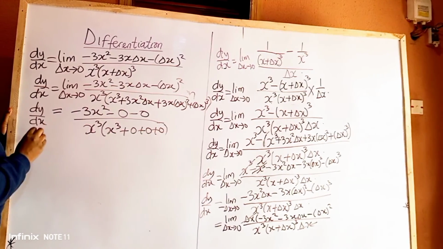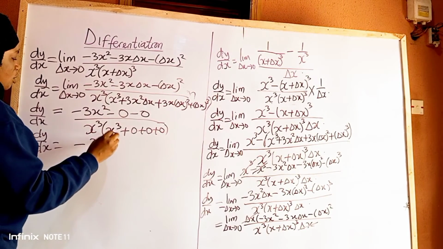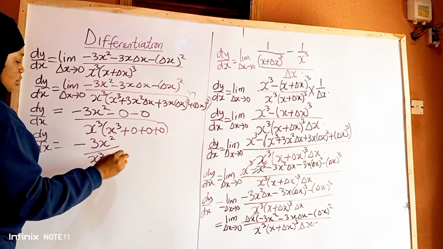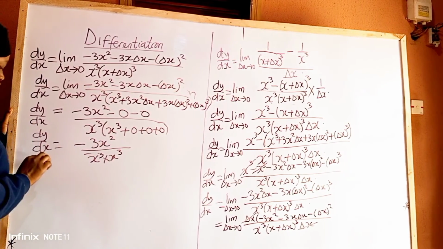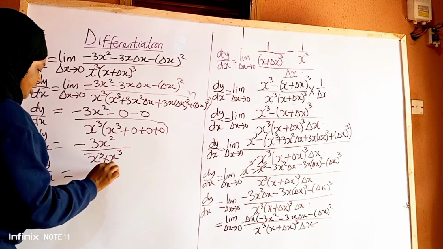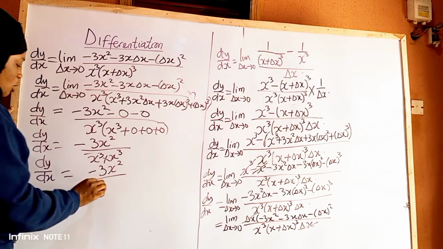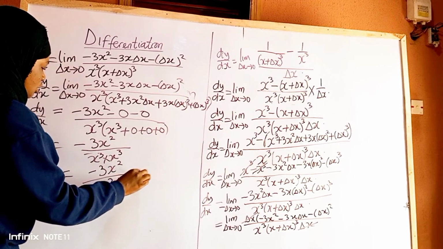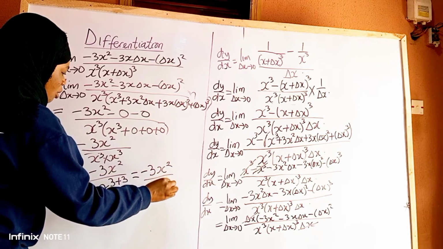So I have dy/dx equal to minus 3x squared divided by x cubed multiplied by x cubed. So dy/dx is equal to minus 3x squared divided by, according to the law of indices, x raised to power 3 plus 3, which is equal to minus 3x squared divided by x raised to power 6.